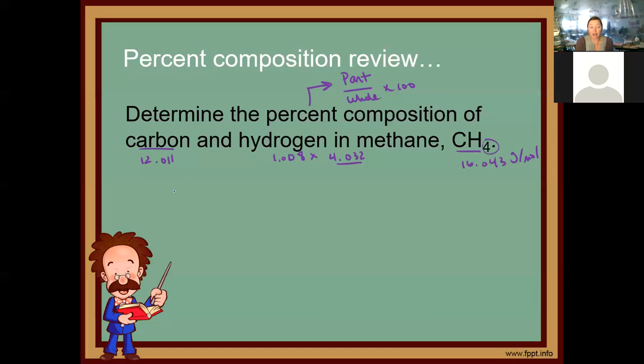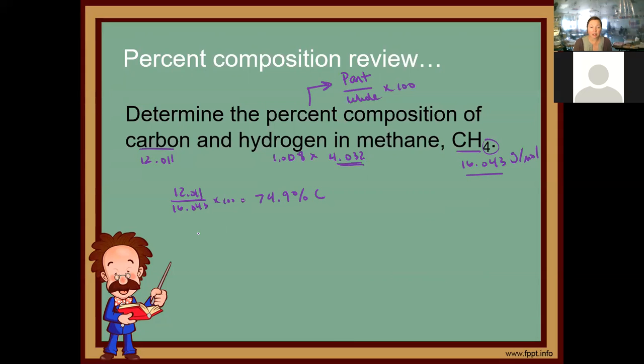So the part that's carbon, 12.011, divided by the whole, 16.043 times 100, is going to give us 74.9% carbon.